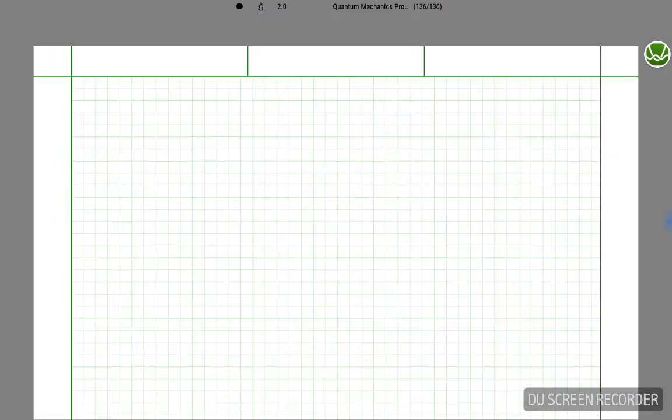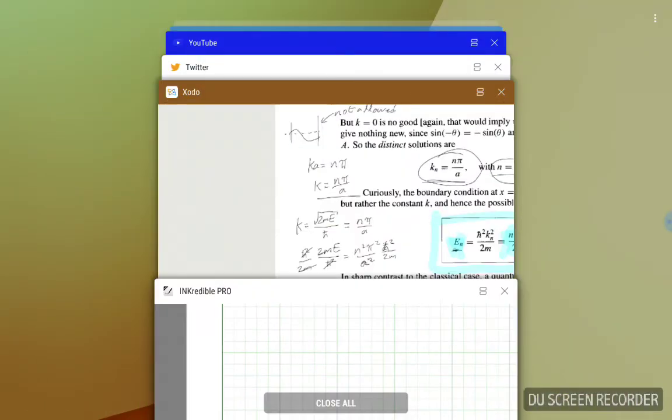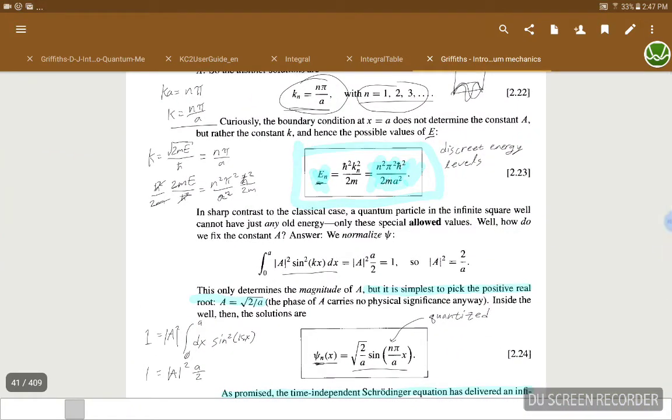Okay. Now, the next part of this question was saying to confirm that the size can be obtained from this equation 2.24. Right here.